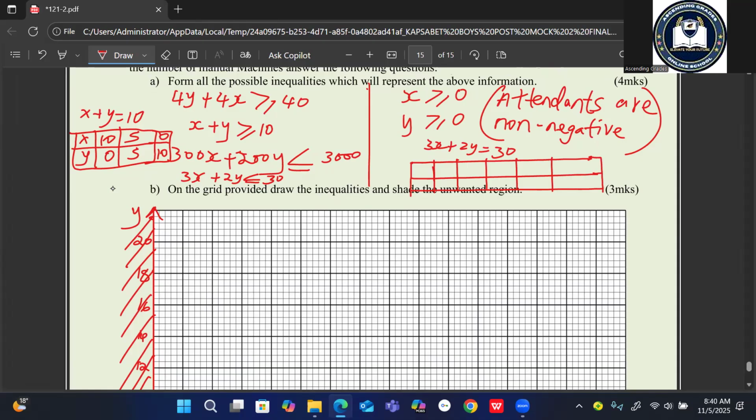We have it like that. Values of x there, y there.